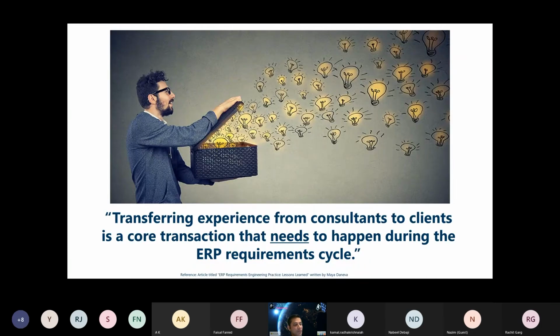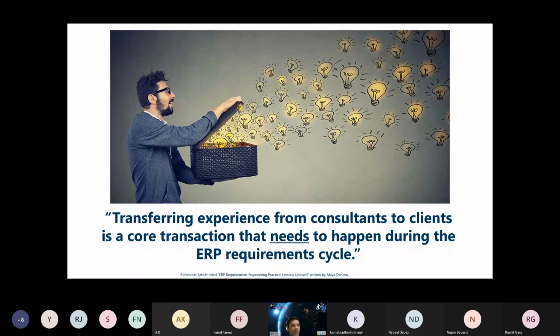So transferring experience from consultants to clients is a core transaction that needs to happen during the ERP requirements cycle. And by the way, this is not my quote. I just read it somewhere, but this resonates with me so much. That's why I include it here.